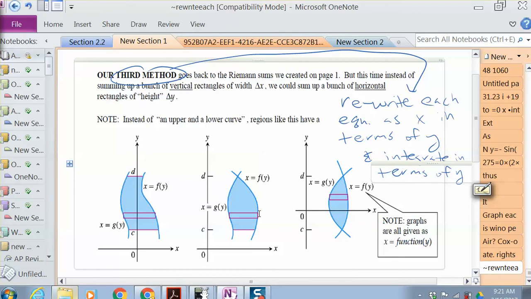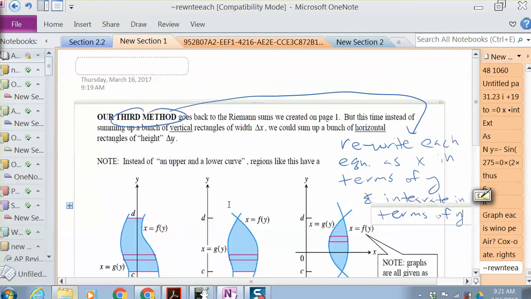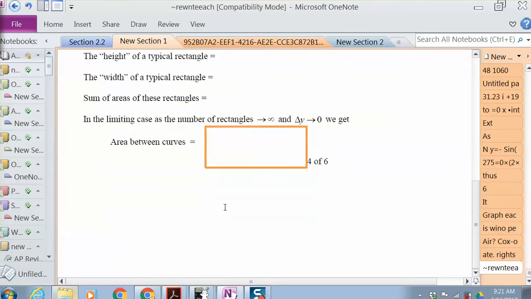Okay, so what we've done previously is that we'll have some sort of curves here, right? And we would draw these rectangles that were vertical. Or they kind of seem that they're vertical, right?